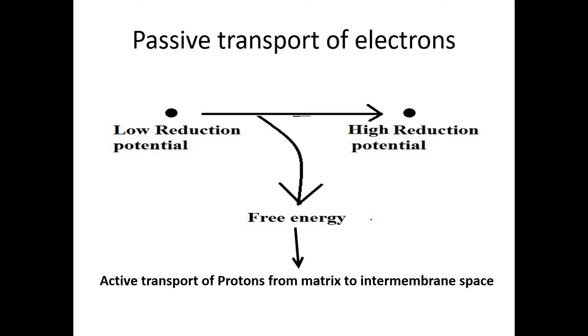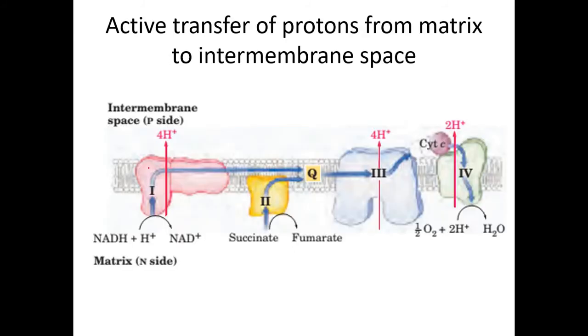So it is a coupled transport. Passive transport of electrons releases energy, and this released energy is used by another system to actively transport the protons from the matrix to the intermembrane space. So we start from here. This part is the matrix, and this part is the intermembrane space.